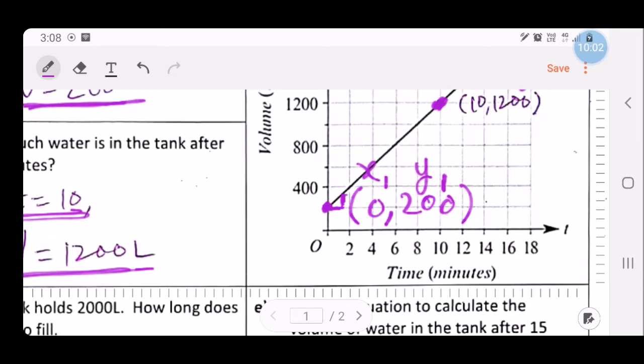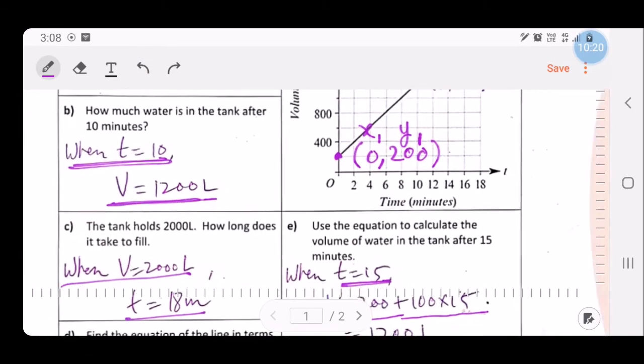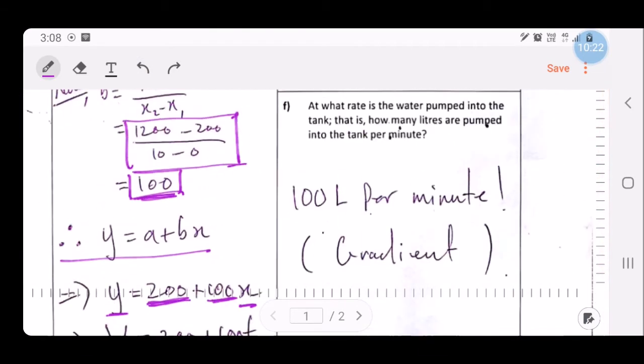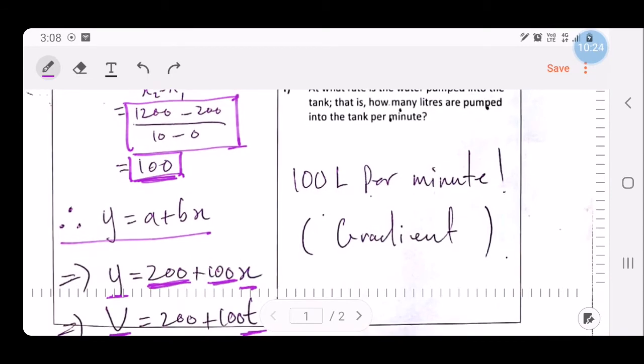And then when another minute goes by, the graph goes up by another 100 litres. Another minute goes by, the graph goes up by another 100 litres, okay? So 100 litres per 1 minute. So we were correct. How many litres are pumped into the tank per minute? 100 litres per minute. In other words, the gradient.